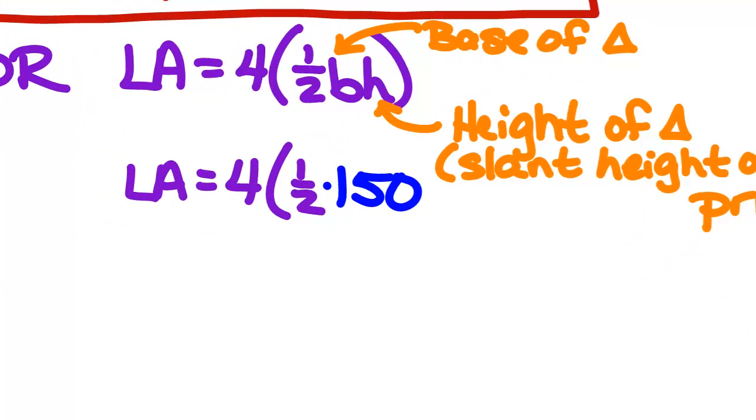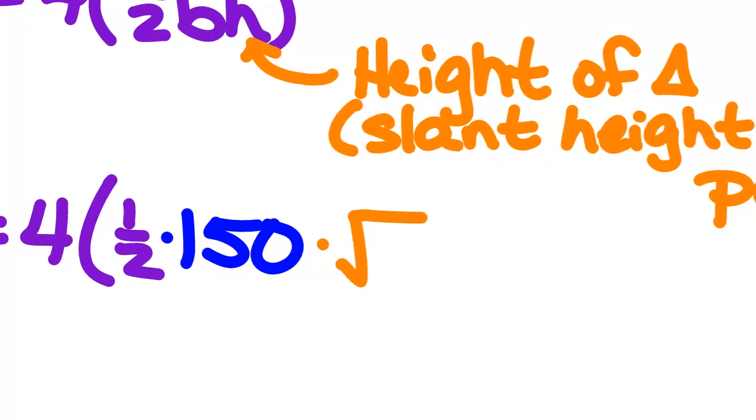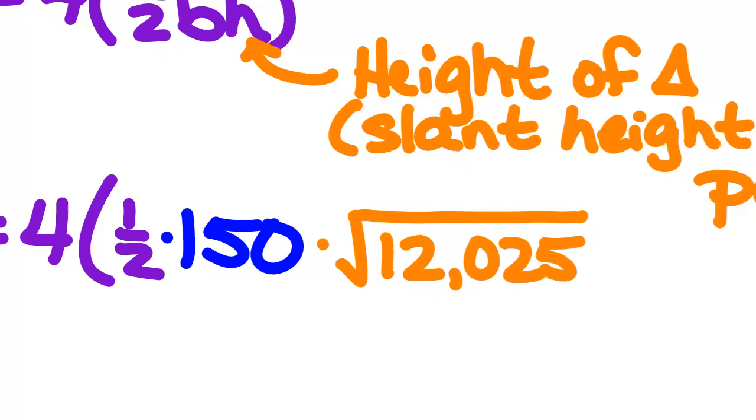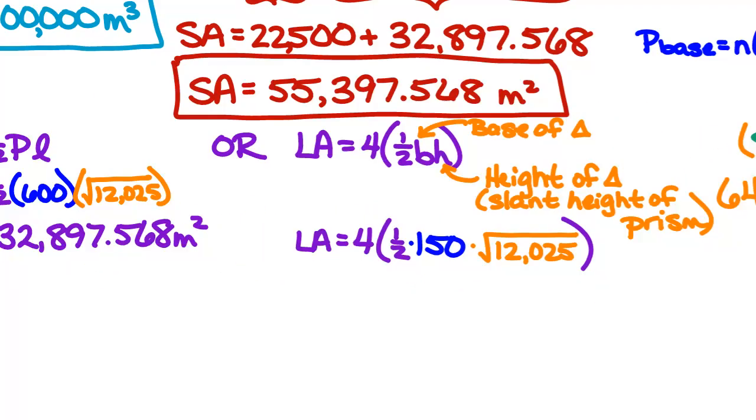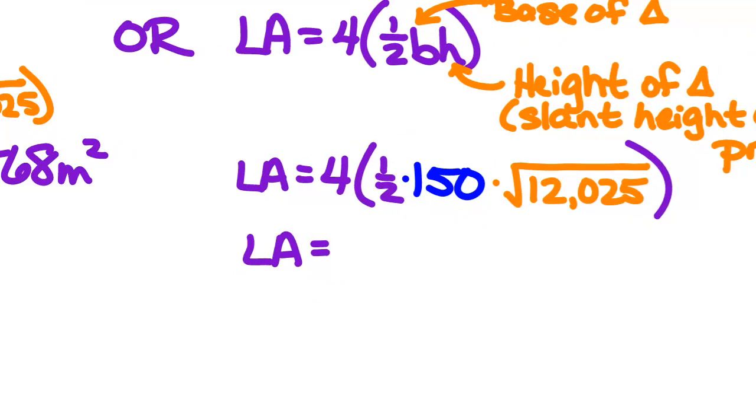Which we said was radical 12,025. I want you guys to put this into your calculator and see what you get. 4 times 1/2 times 150 times radical 12,025.